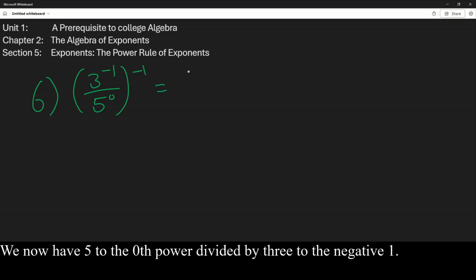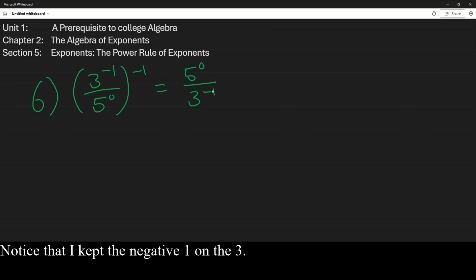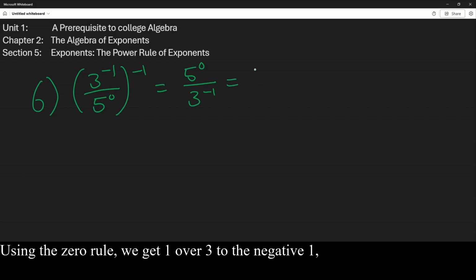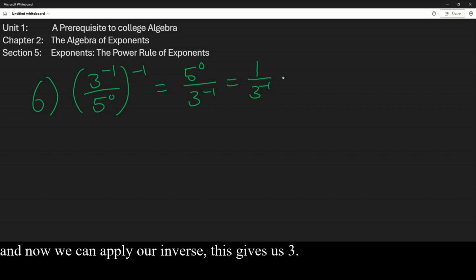We now have 5 to the 0 power divided by 3 to the negative 1. Notice that I kept the negative 1 on the 3. We only applied the rule on the outside exponent, not the inside one yet. Using the 0 rule, we get 1 over 3 to the negative 1. And now we can apply our inverse. This gives us 3.